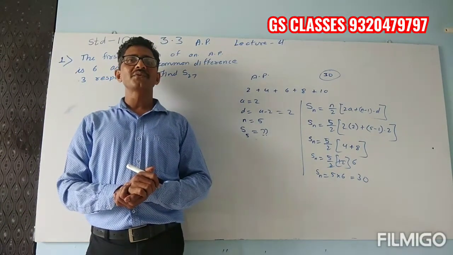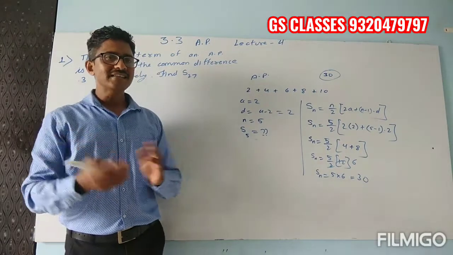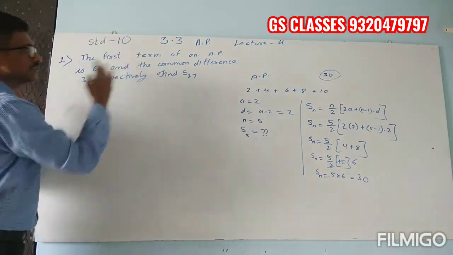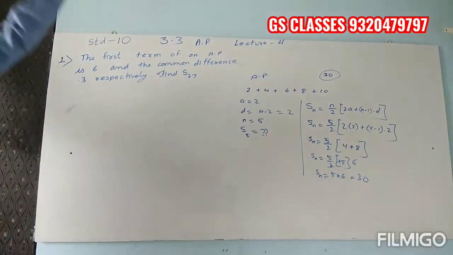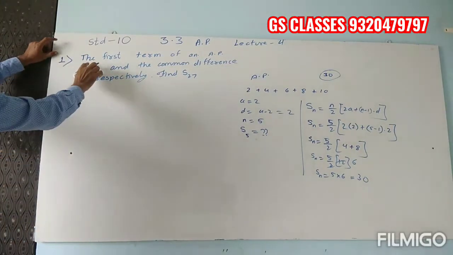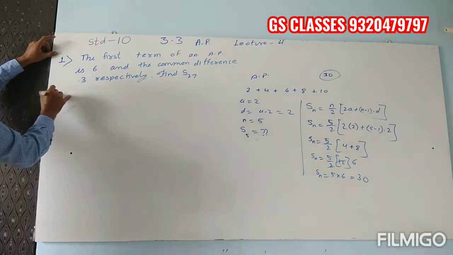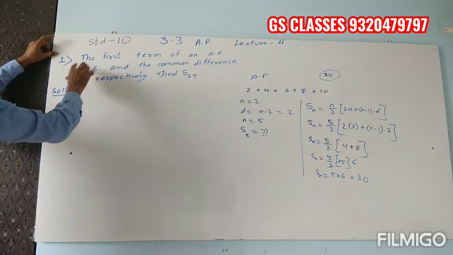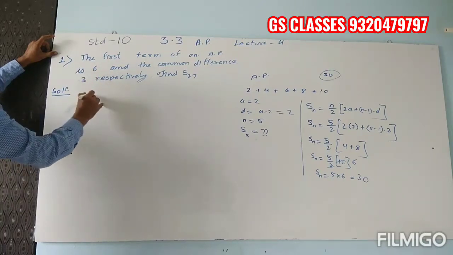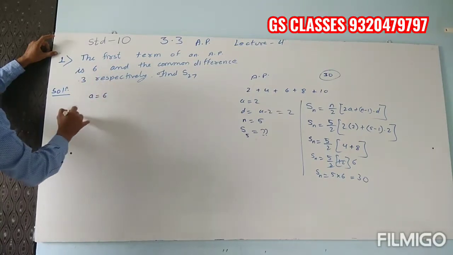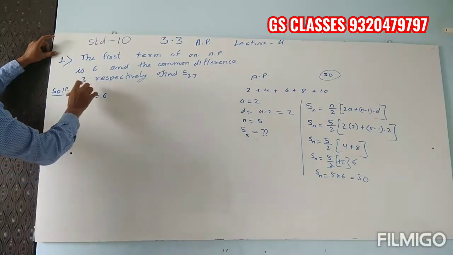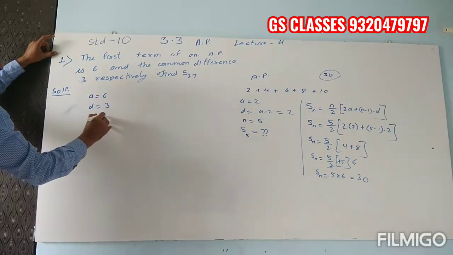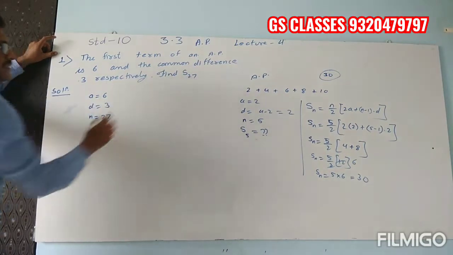So this is the formula. Now let's see how this formula is going to help us in solving this question. In this question, the first term of this AP is 6, means A value is 6. The common difference is 3. N is 27.